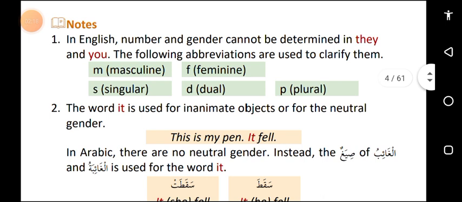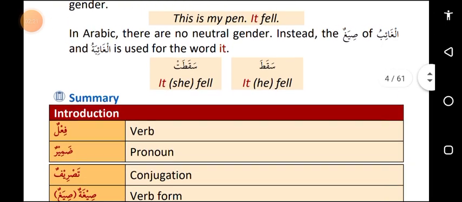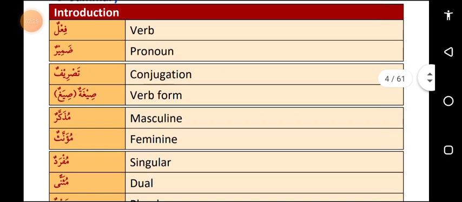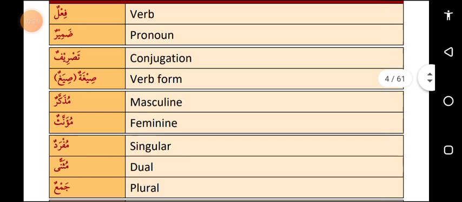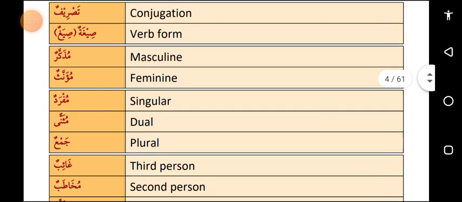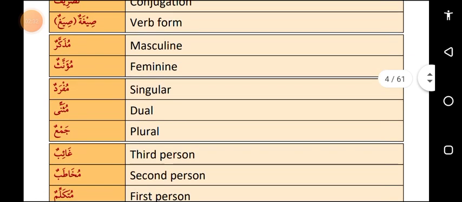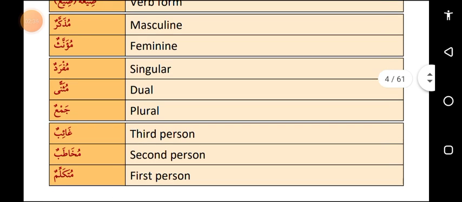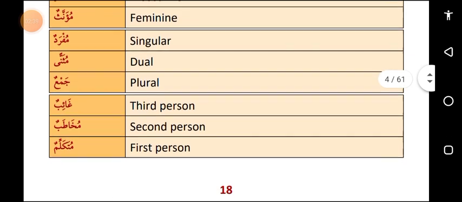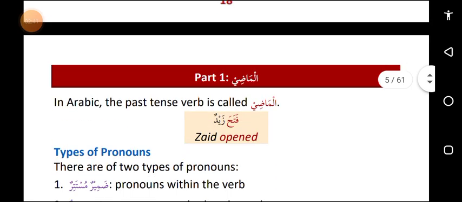Then in the introduction we learned these terms: fa'il, dhamir, at-tasrif, sigha and siyagh, muzakkar, muannath, mufrad or wahid, musanna or tasniya, jama, which is plural, and then ghaib, mukhatib and mutakallim.